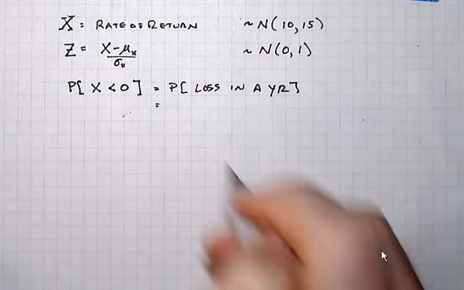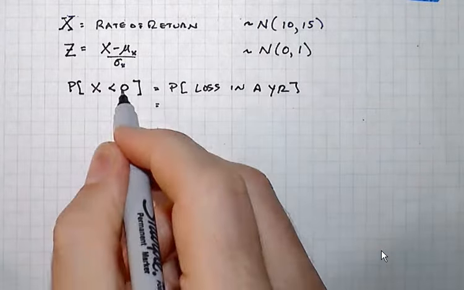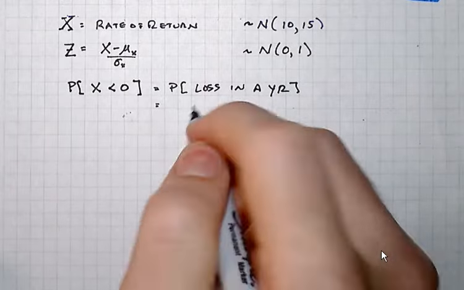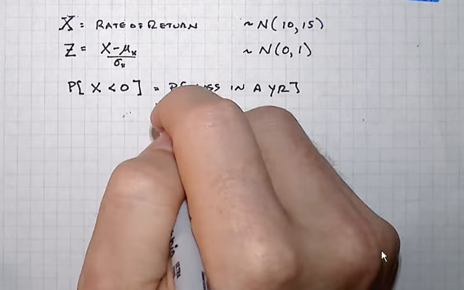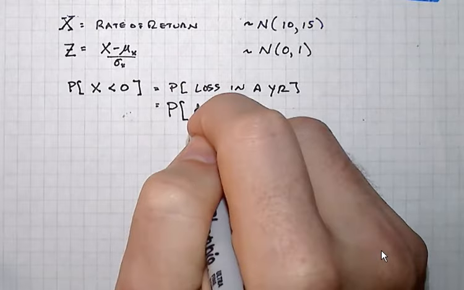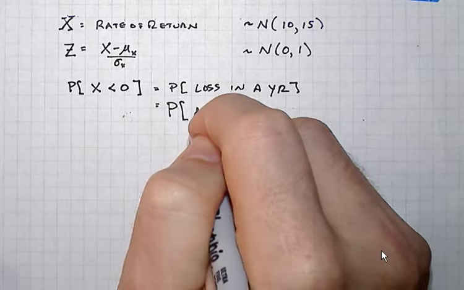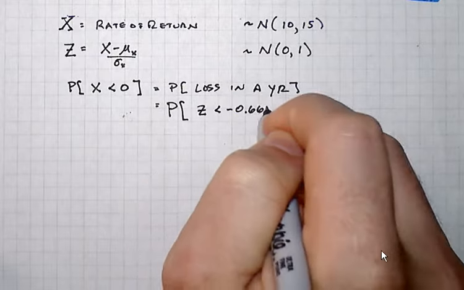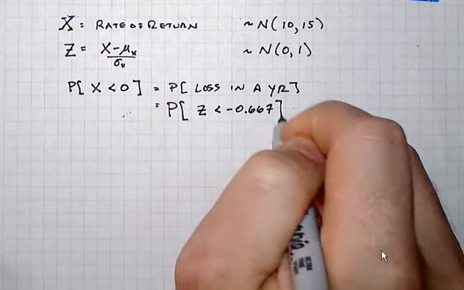Right, well, we can go back and substitute in the value for 0 in for x, and so this is also asking us then, what's the probability that z is less than minus 0.667? How did I get that 0.667?